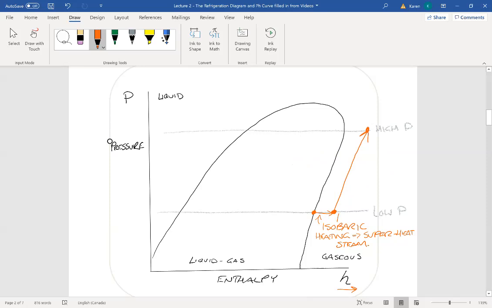So if we say this is 1 going into the compressor, then point 2 is actually here and has higher pressure, higher enthalpy when you got out of the compressor.